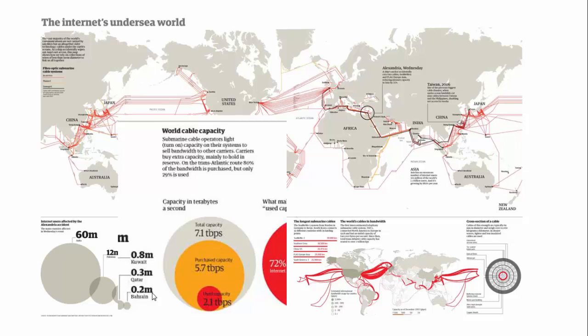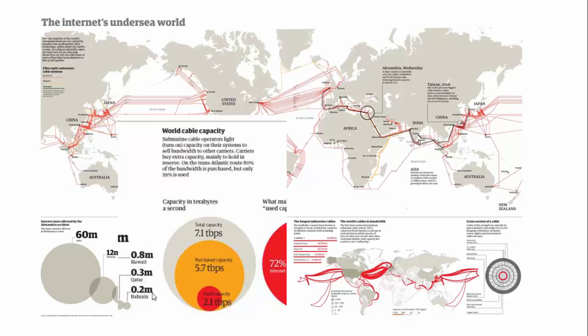But Google will buy a bunch of capacity and not use it all. So the 3 circles here are supposed to represent: the big one is the total capacity of all the cables, the yellow circle is the purchased capacity, how much the internet companies purchased, and the red circle is the used capacity, how much is actually being actively used.